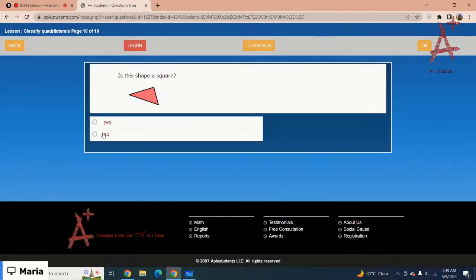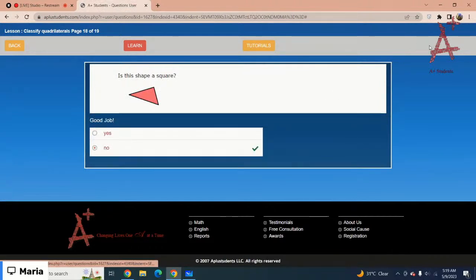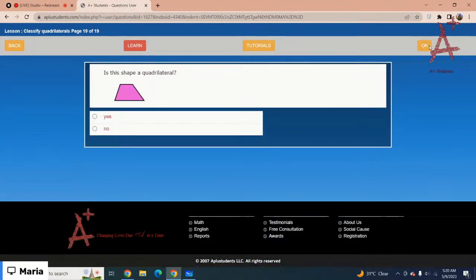No. Is this shape a quadrilateral? Yes, it's a four-sided shape, so it would be a quadrilateral. The correct option is yes.